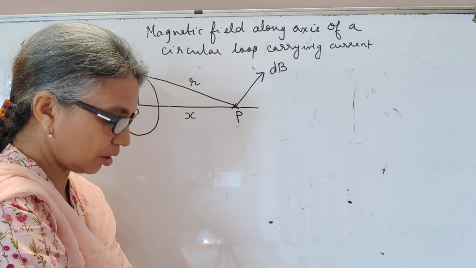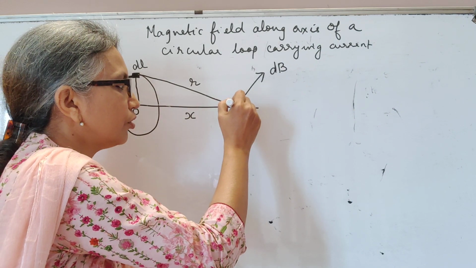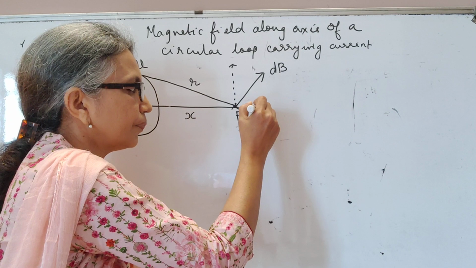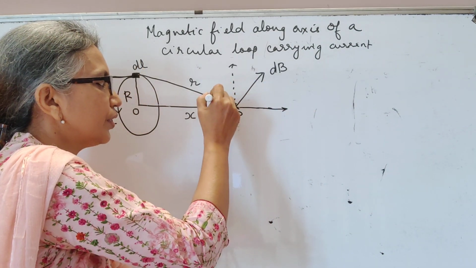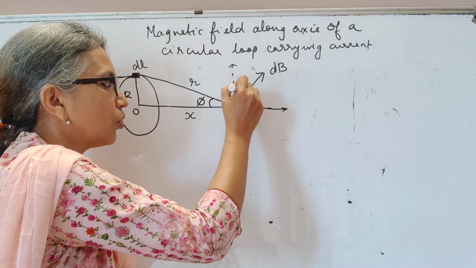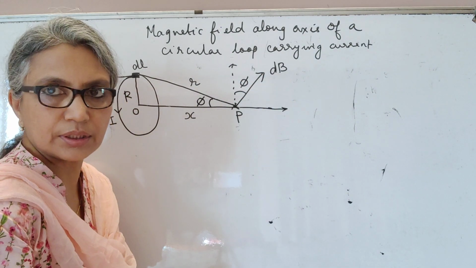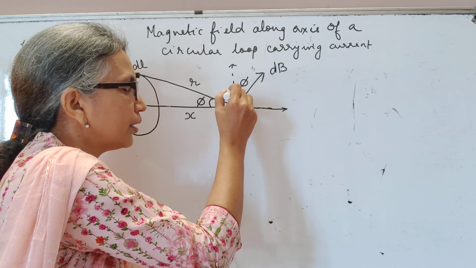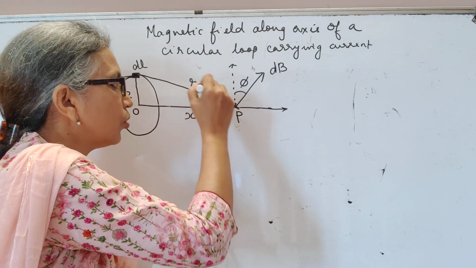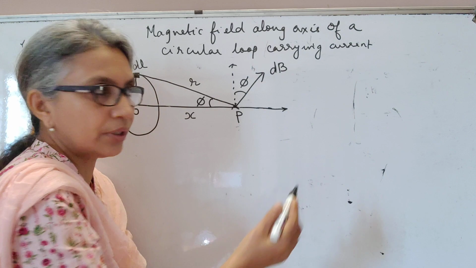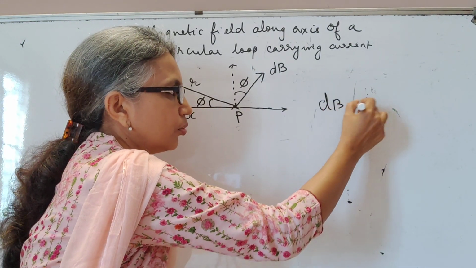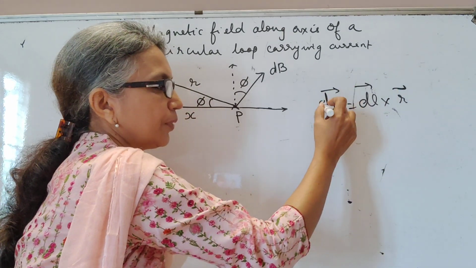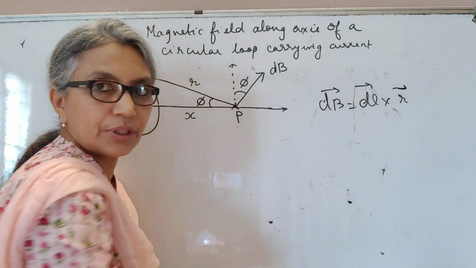Okay, now that you know this much, we will draw a dotted line perpendicular to the axis. Now, if this is phi, this also will be phi from geometry, because this is perpendicular to this axis. So this whole angle is 90. You also know r and dB have to be perpendicular, because dB is equal to dL cross r, which means dB is perpendicular to dL, and dB is also perpendicular to r.